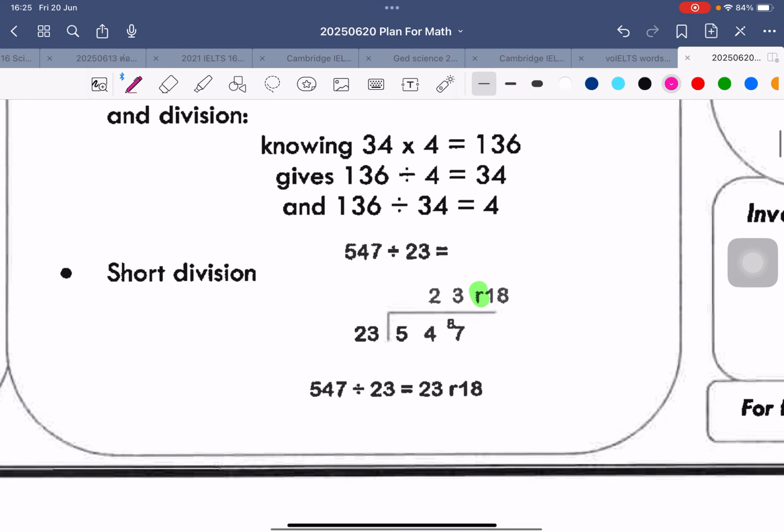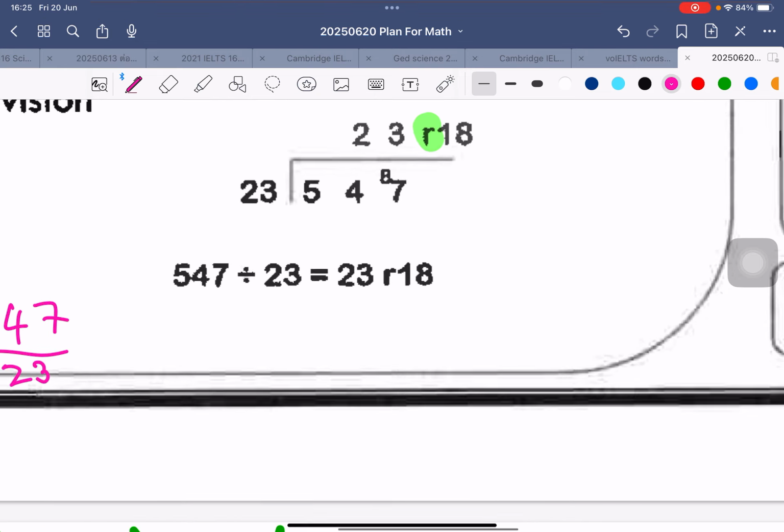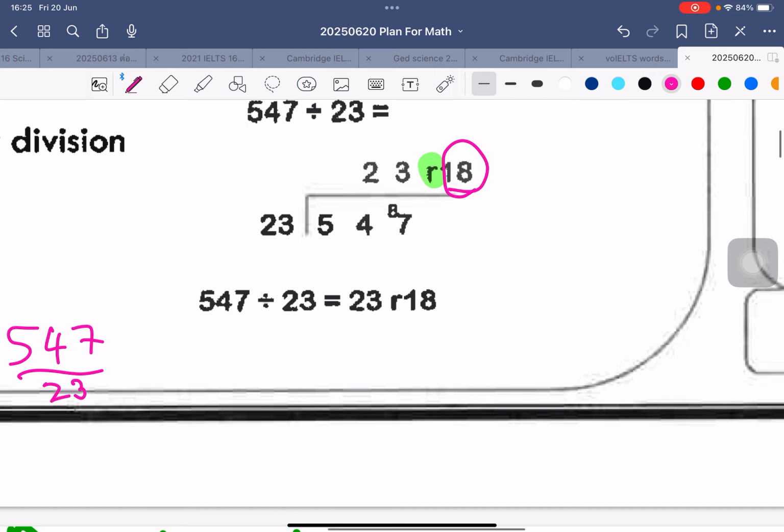How do we write down the fraction 547 divided by 23, right? And then we got R, right? So we got here 23 R 18.